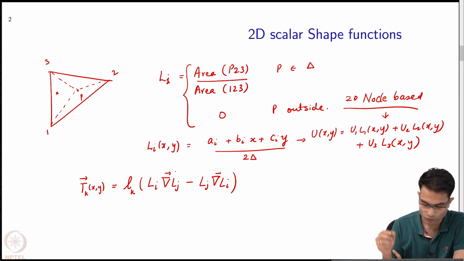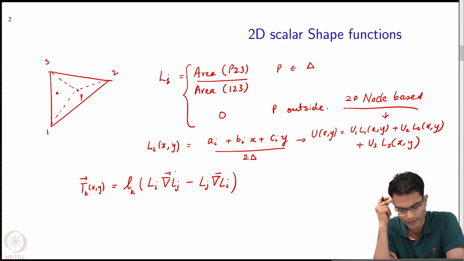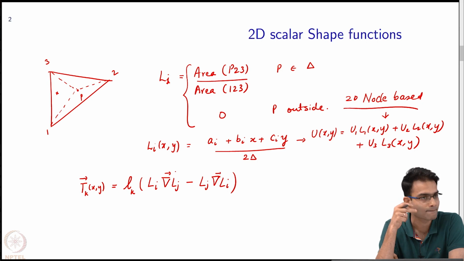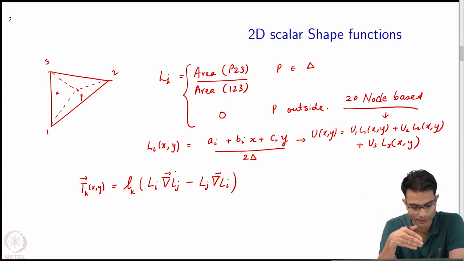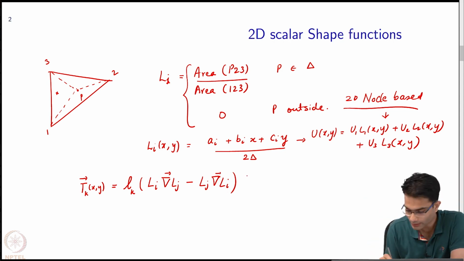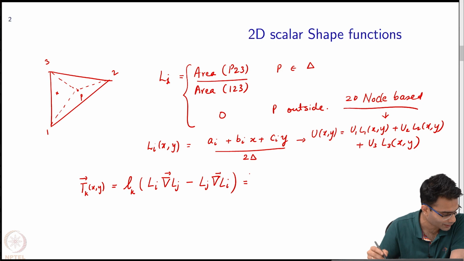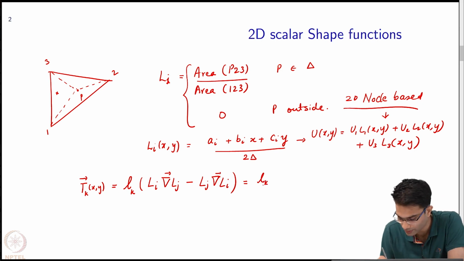Before you get into any details, what degree do you expect this to be? It will be linear only, because when I am taking the gradient, the first order terms go to 0 and I will be left with Li's. Again, there are some very nice geometric features because of which all terms cancel off and you are left with this expression. Lk over 4 triangle squared, remember triangle is the area of the triangle.